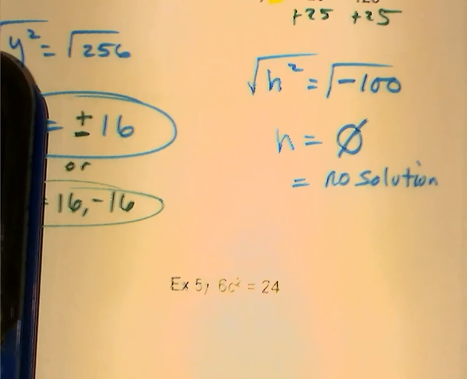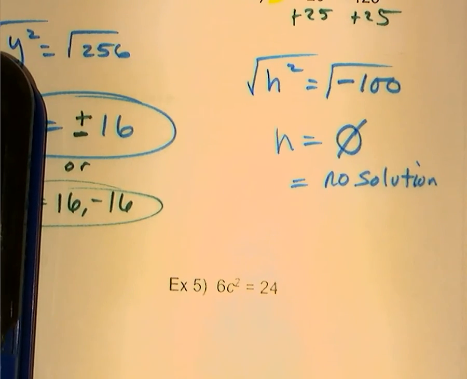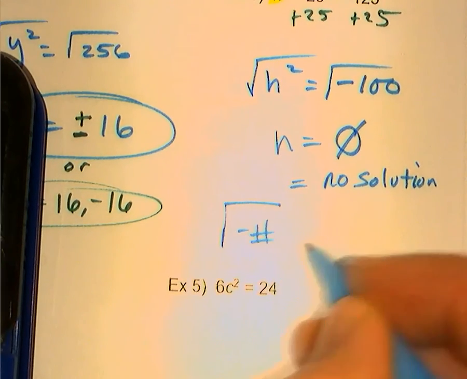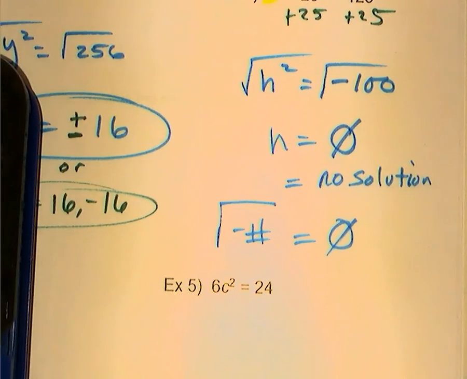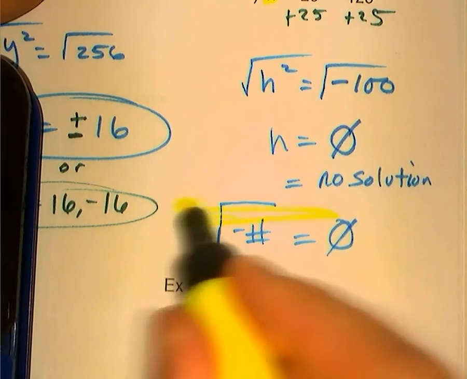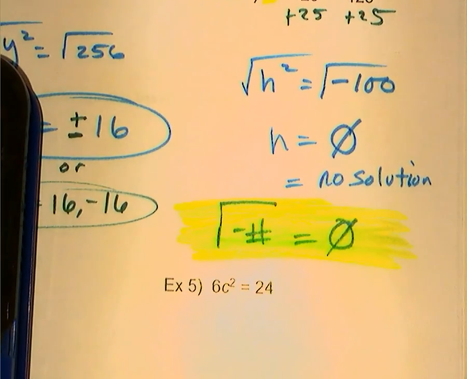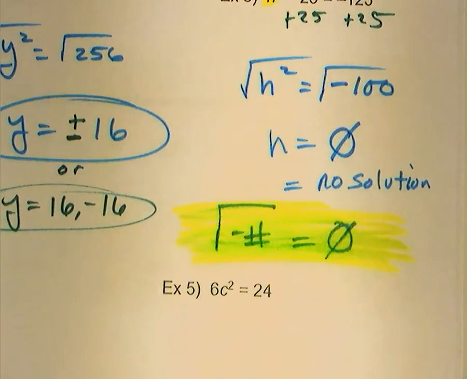There's what we call an imaginary solution, but we're not going to dive into that quite yet. So this is a no real solution. Circle it with a slash through it, it's fine. The big thing here, guys, is anytime you square root a negative, no real solution. Maybe highlight this in your notes so you don't forget. When in doubt, just throw it in your calculator and get an error message.